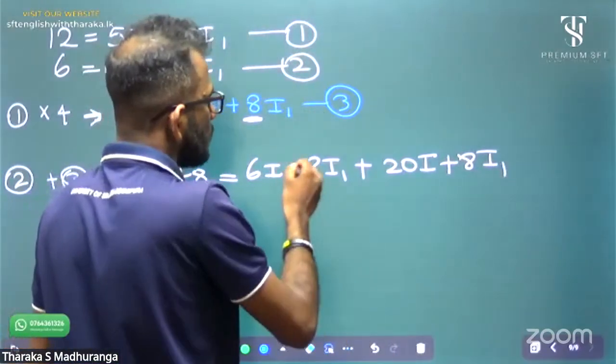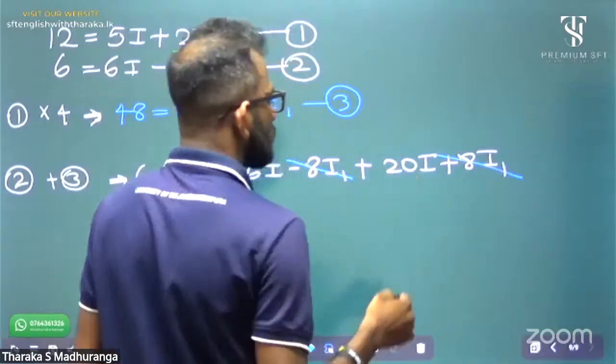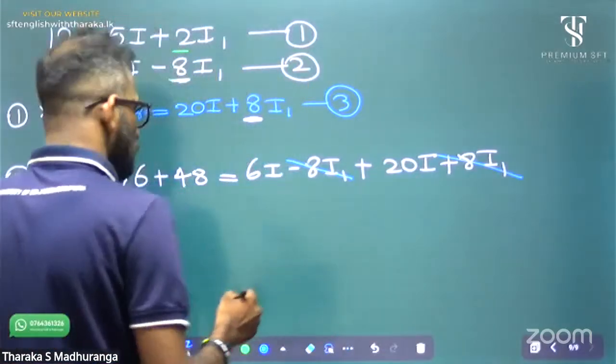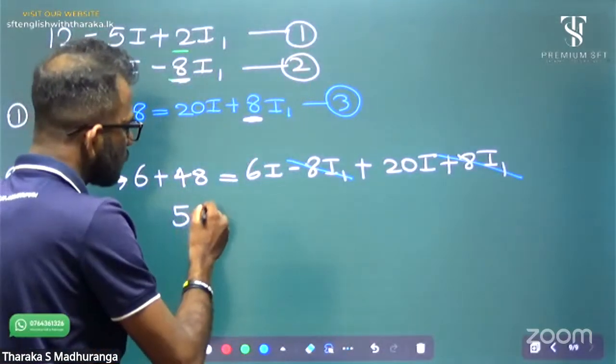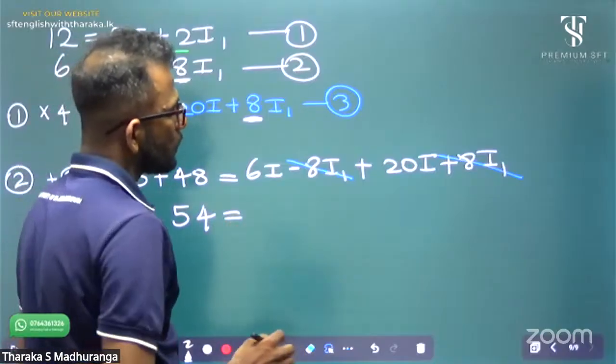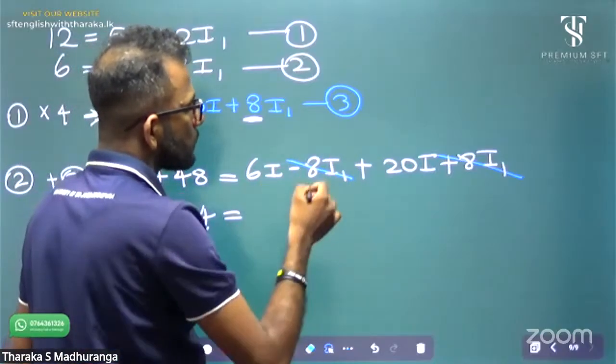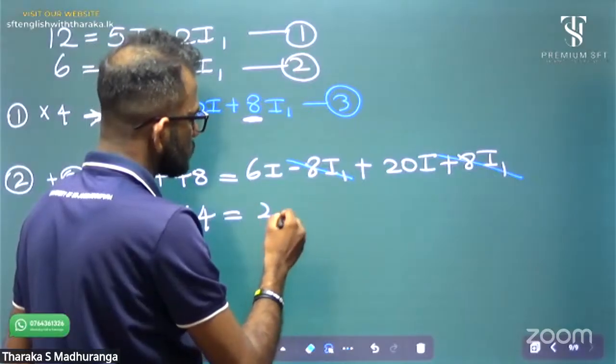Now minus 8I1 to plus 8I1 cancel out. 48 plus 6, 54. 54 equal 6I plus 20I, 26I.